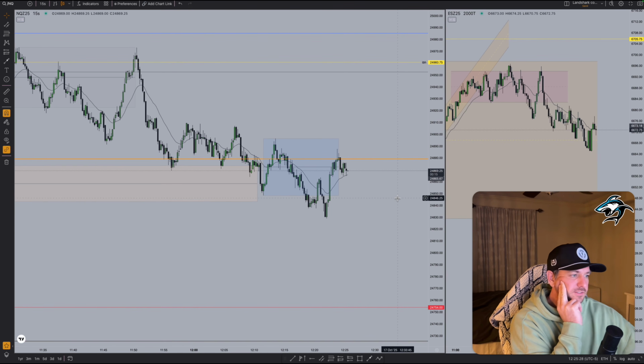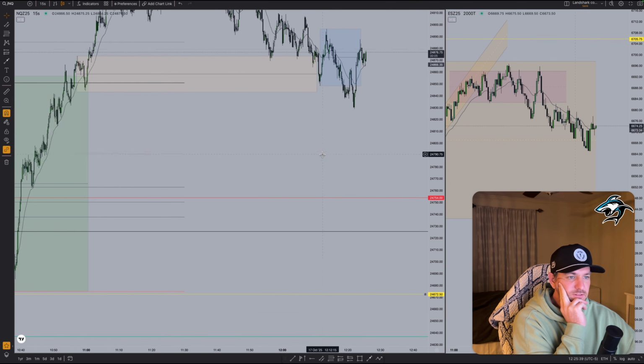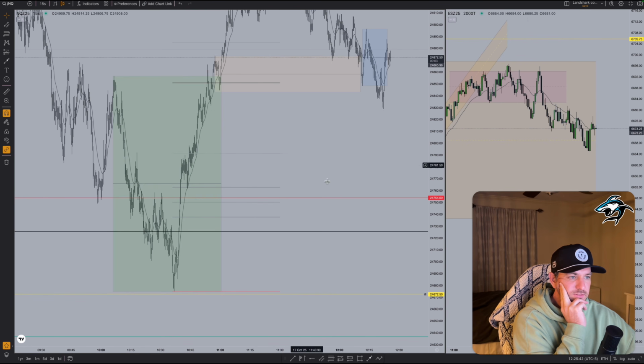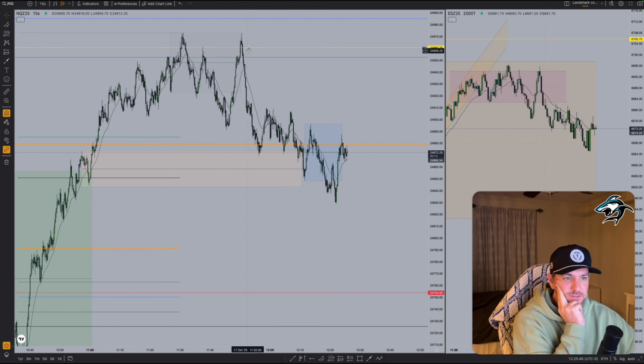And it looks like, to me, that we have trapped some sellers that were holding for this area. And we could possibly come back up. Tap into this.